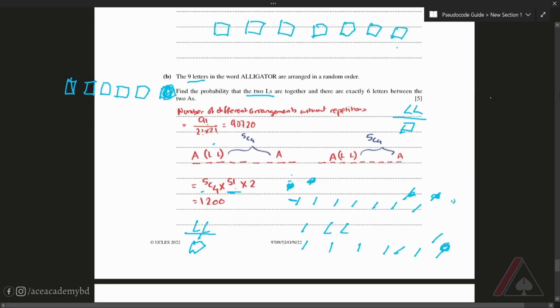So between the A's, there's 5 factorial for 5 possible arrangements, and the A's have two places to go. So the A's have two possible spots to be in. Between the A's, there are 5 empty boxes. And because there are only 5 letters left, taking out the L's and the A's, and 4 spots left. So let's say the L's take one of the spots between the A's. All right, the A's are here.